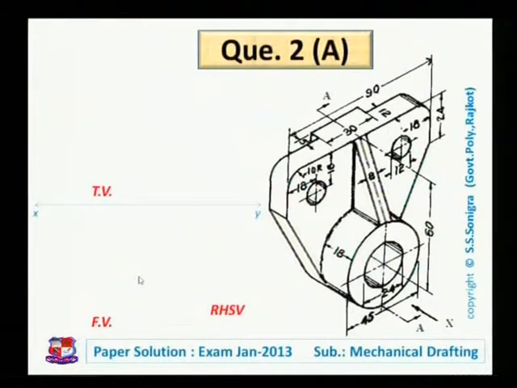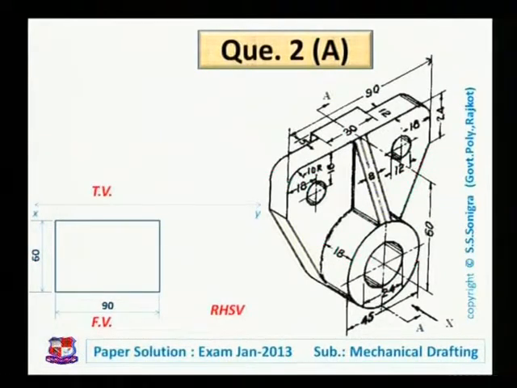So height of the front view would be 60 mm and width of this front view would be 90 mm as shown over here. Total width is 90 from one end to another end. So roughly you can draw a rectangle like this, having 90 mm as the width and 60 mm as the height. So its front view would be there within this rectangle. Now to draw the dimension of top view, we can take projections from front view like this.